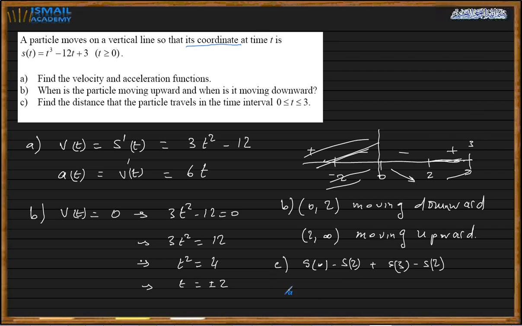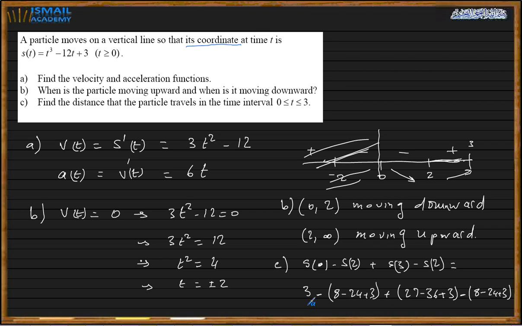And we add the two expressions. So we add them, that means the two numbers, we add them. s of 0 will be 3, minus s of 2, which is 8 minus 24 plus 3, plus s of 3, which is 27 minus 36 plus 3, minus s of 2, which is 8 minus 24 plus 3.